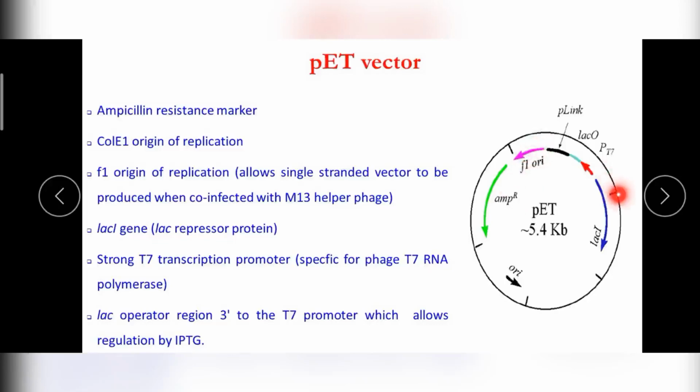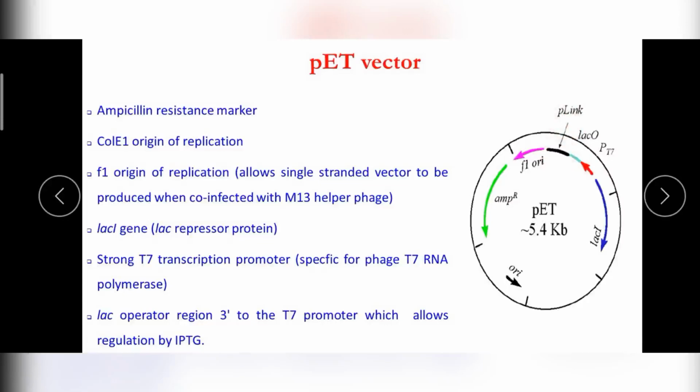Apart from that, it has the regulatory elements LAC-I and LAC-O. Then P-link means polylinker site. This is the polylinker site where the vector is cleaved with the restriction enzyme, and then the desired gene is inserted.